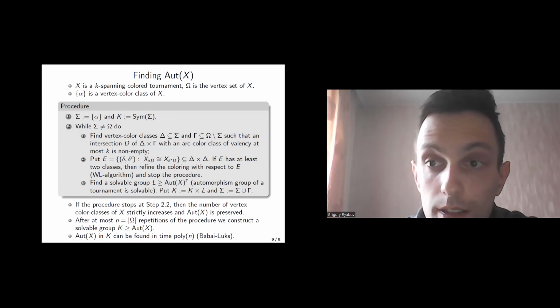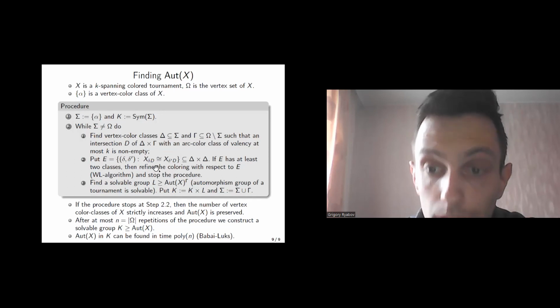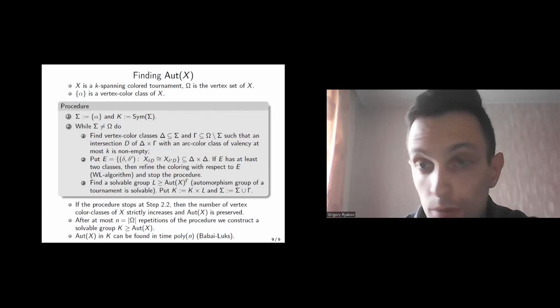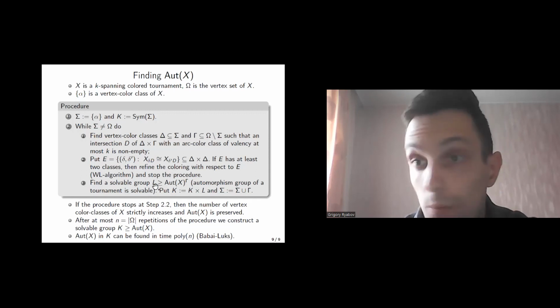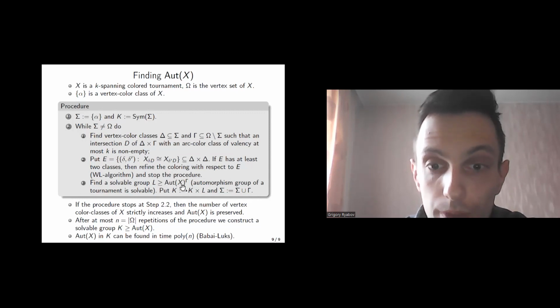If this equivalence relation has at least two classes, then we refine the coloring with respect to this equivalence relation using the usual Weisfeiler-Leman algorithm and stop the procedure. If not, then we find a solvable group L in some way, consisting of the restriction of the automorphism group of our tournament on color class gamma. And we put K to be equal to K times L and sigma to be equal to sigma union gamma.